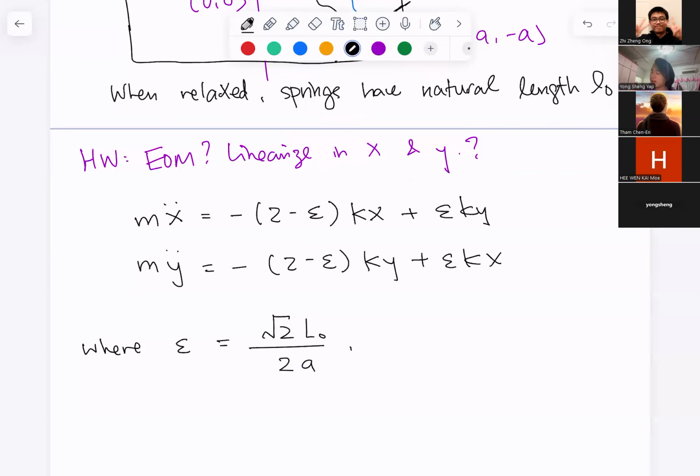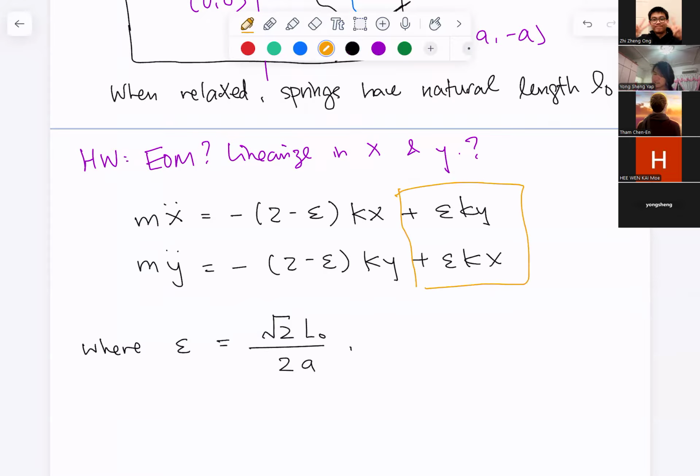Okay, this is a problem, right? Because if we look at the x direction, the oscillation looks like this part over here. The first part looks like an oscillation in x. The third part looks like an oscillation in y, like a simple harmonic oscillator. But it's not that simple because they are coupled together.